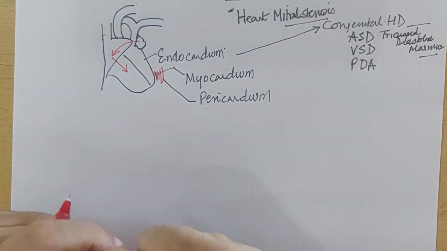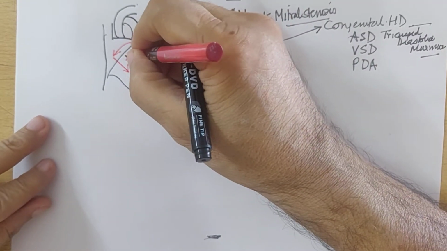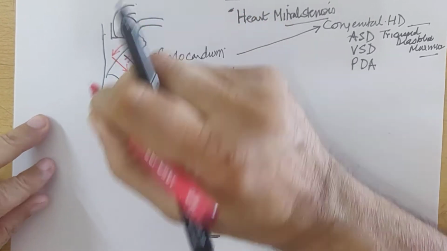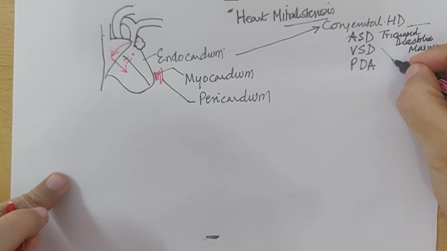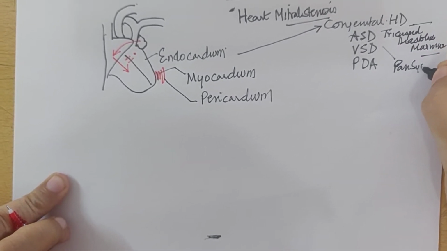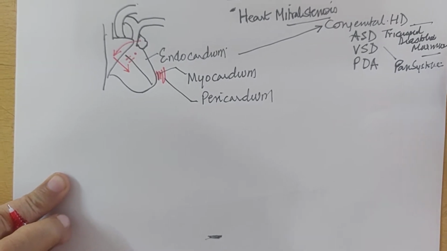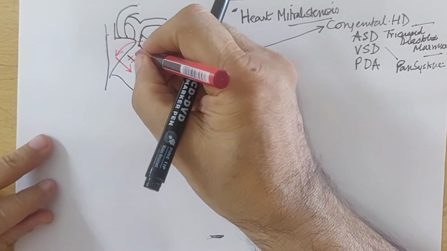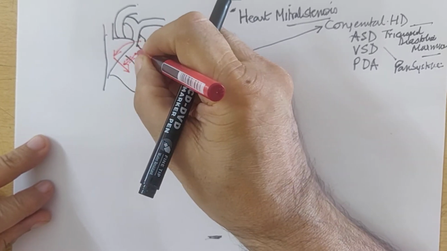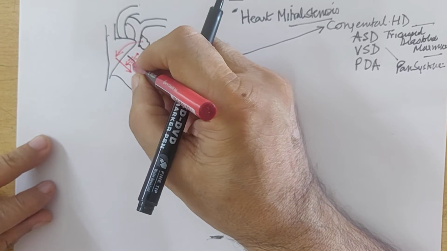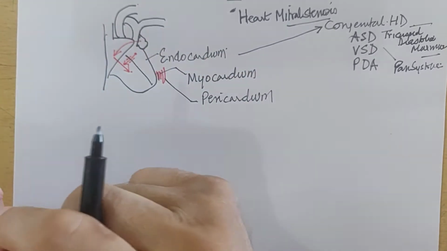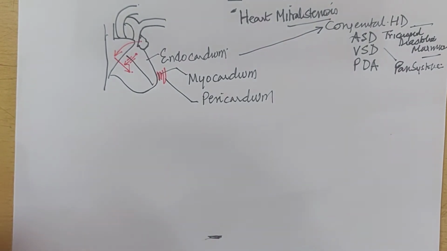The ventricular septal defect would first of all cause a pansystolic murmur. And initially the blood would go from the left to the right side, but then as the pressure increases in the right side, this shunt would be reversed.